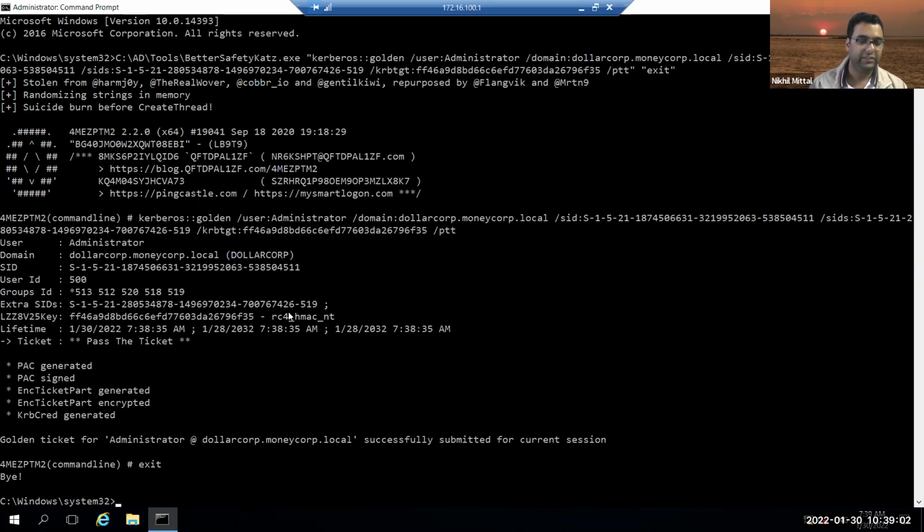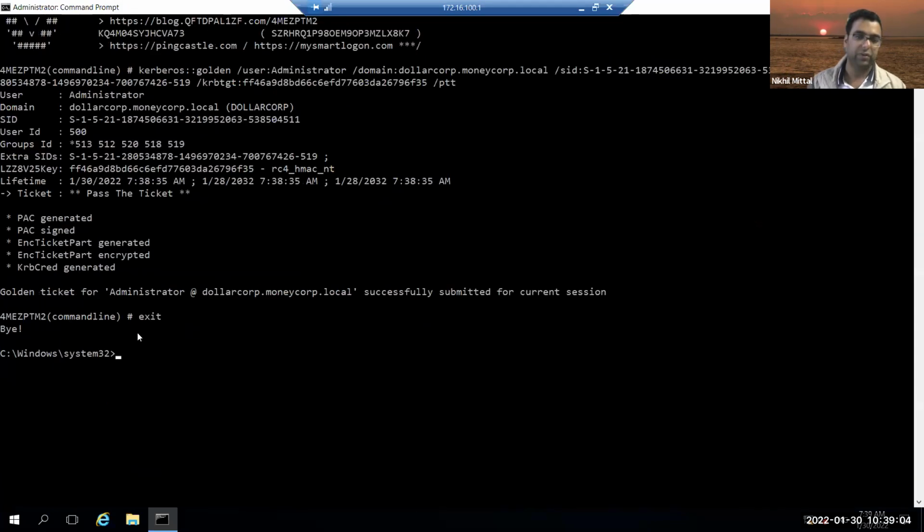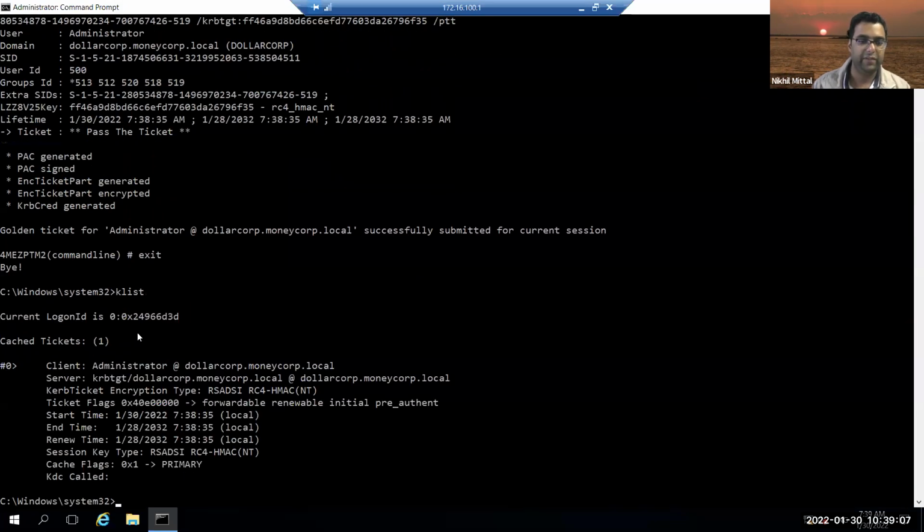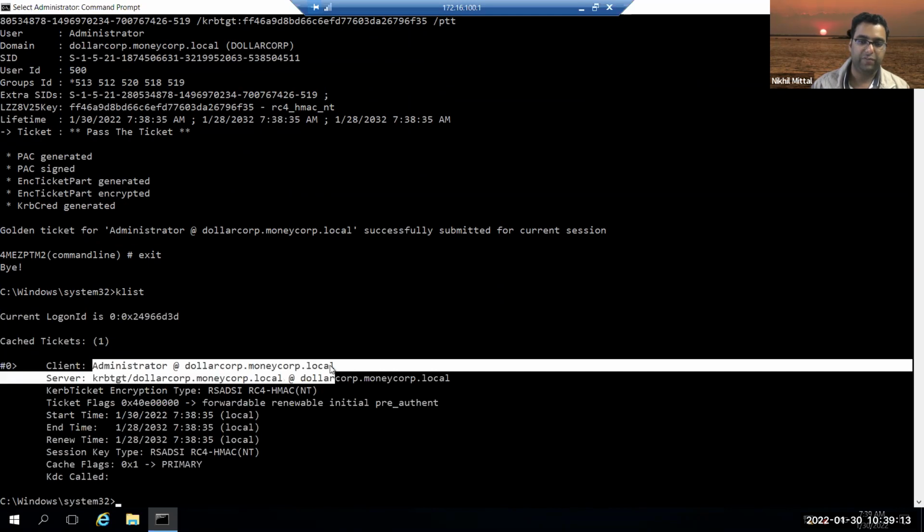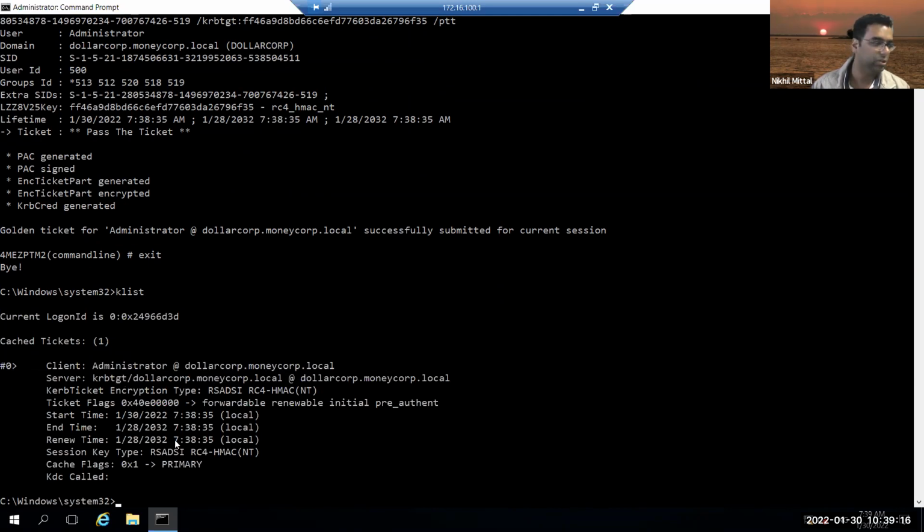All right. Once we have this, now we need not use Rubeus or anything at all. What we have right now is a TGT for the domain administrator of our current domain. What klist does not show here is the SID history that is available with this one.